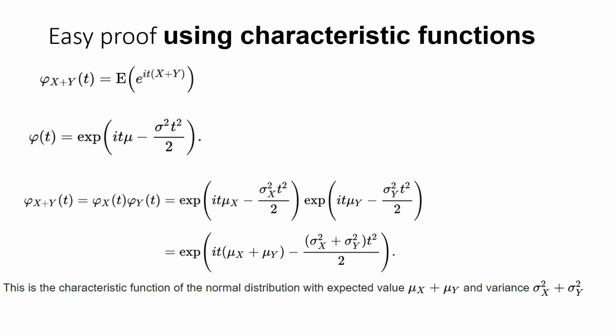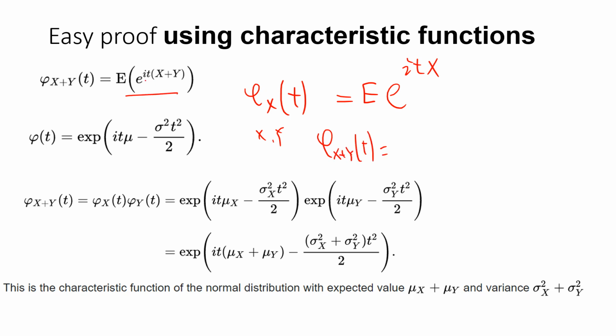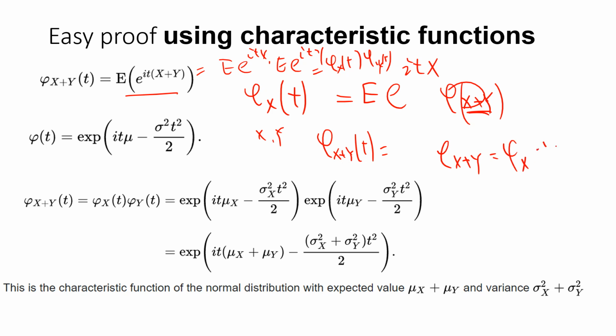The characteristic function for a random variable X is a function of t defined to be the expectation value of exponential i t X. If X and Y are independent random variables, then phi of X plus Y at t can be factored into two, so it becomes phi_X(t) times phi_Y(t). So phi_(X+Y) is phi_X times phi_Y if X and Y are independent random variables.